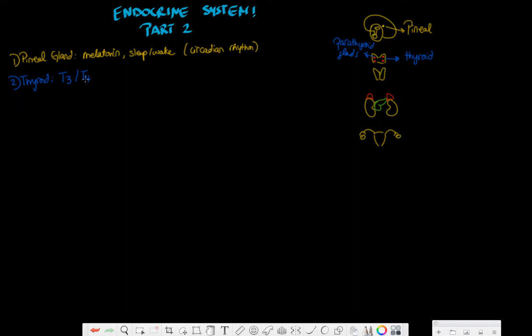These are important for the growth and maturation of tissues. They increase metabolic rate, body heat production, and oxygen consumption. So I'm going to abbreviate that by saying growth, maturation of tissues, and increased metabolic rate.